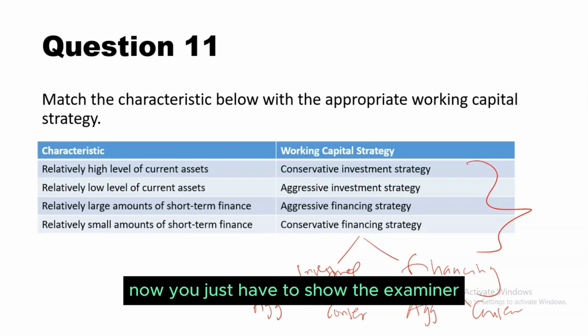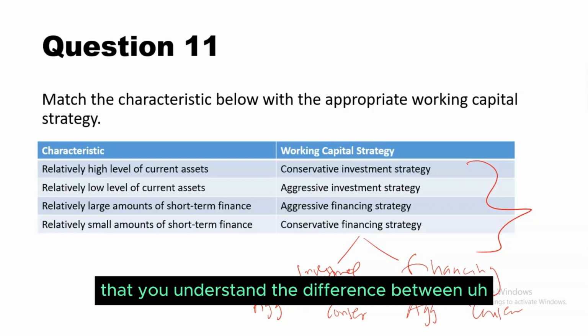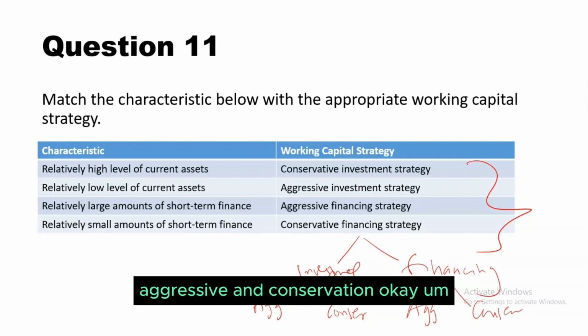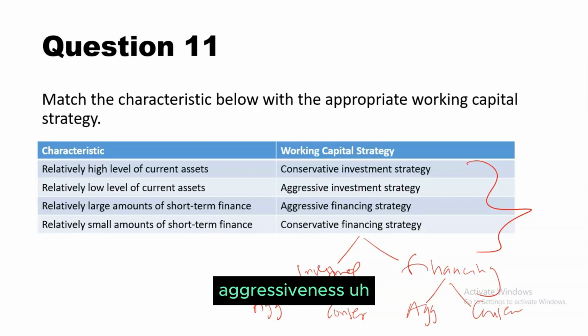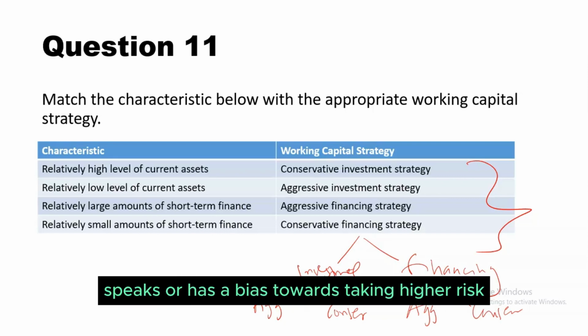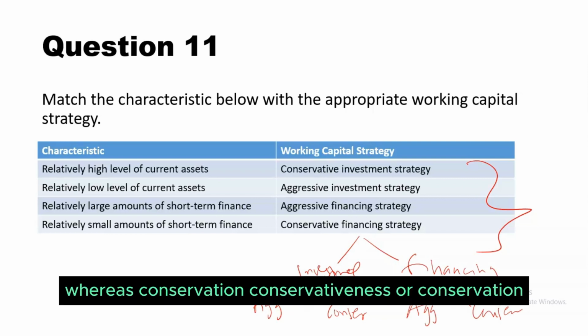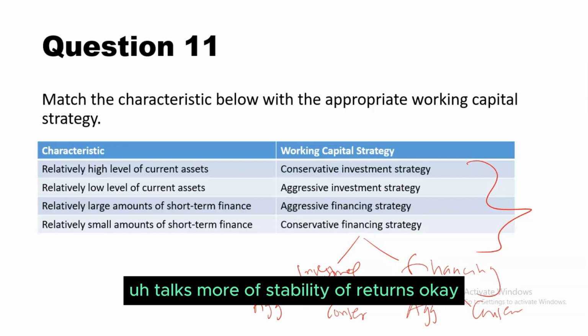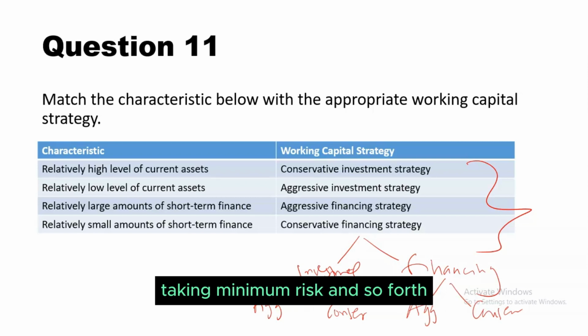Now, you just have to show the examiner that you understand the difference between aggressive and conservation. Aggressiveness has a bias toward taking higher risk, whereas conservativeness or conservation talks more of stability of returns, taking minimal risk and so forth.